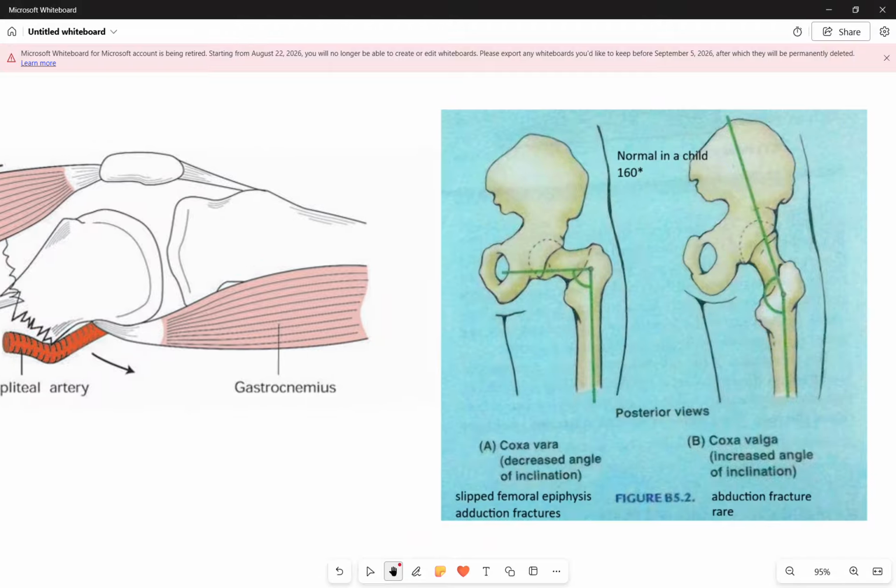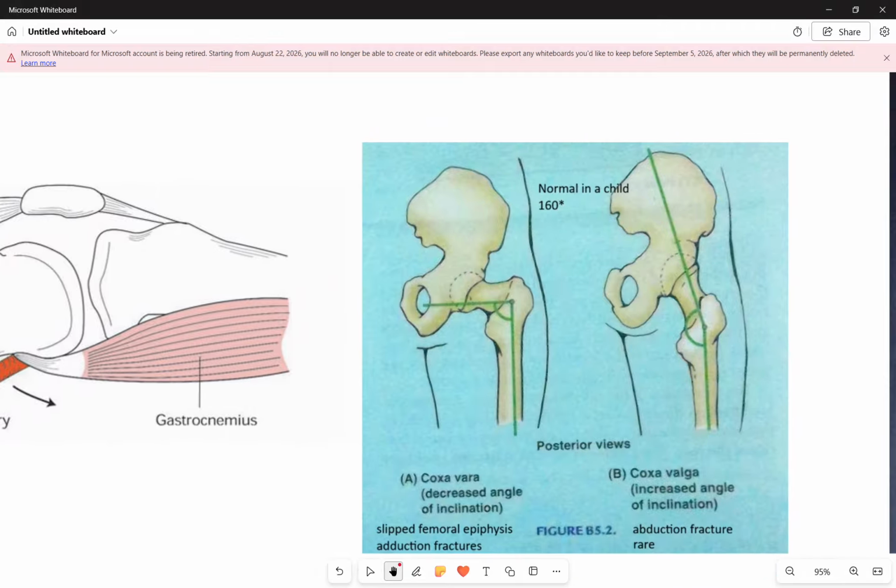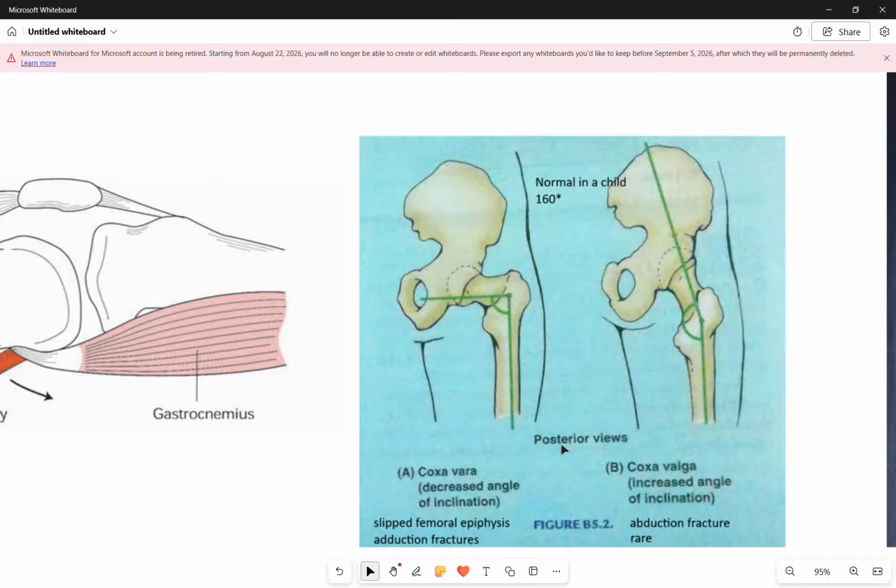Now I come to angulation of the neck with the shaft. The normal angulation in a child is 160 degrees. Normal angulation in male is 125 degrees. It is slightly decreased in female because of the broader pelvic bones.